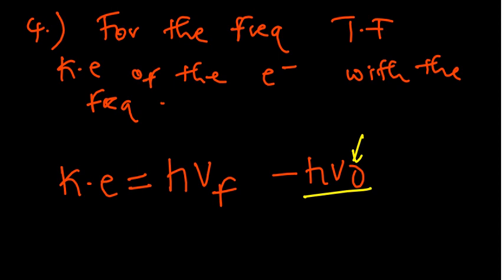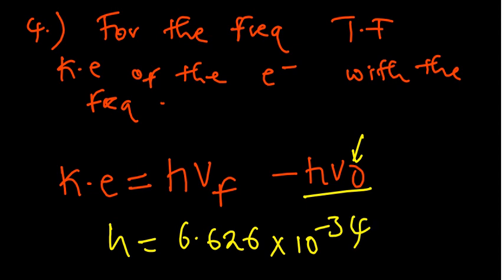Of course, understand that h is Planck's constant, which is 6.626 by 10 to the power negative 34. In a case where they give you the kinetic energy and ask you to find the frequency of the light after emission, you can substitute, provided they give you the threshold frequency.